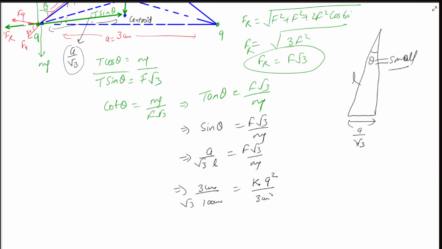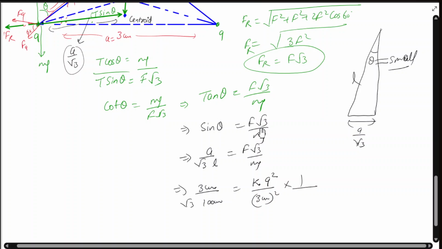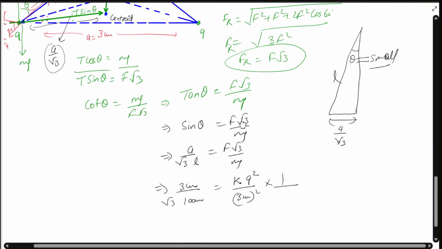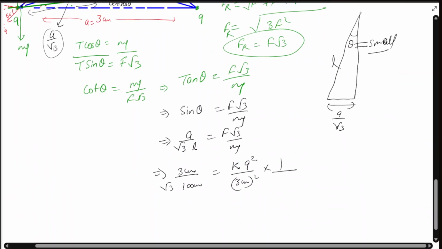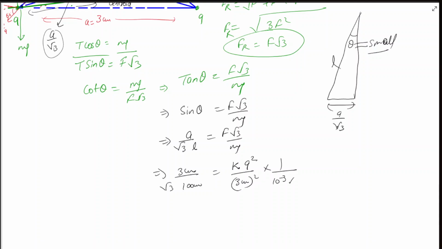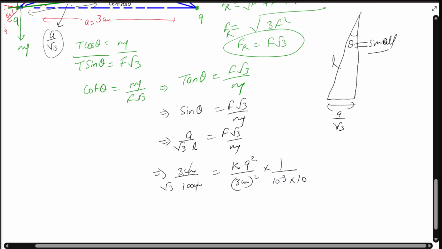So 3 centimeter square into 1 divided by M is given, right? M is 1 gram. So I have to write it as 10 raised to power minus 3 into g is 10, right? Let's cancel out things. So centimeter will get cancelled, and this will be root 3, right?